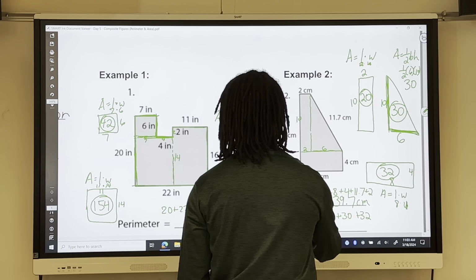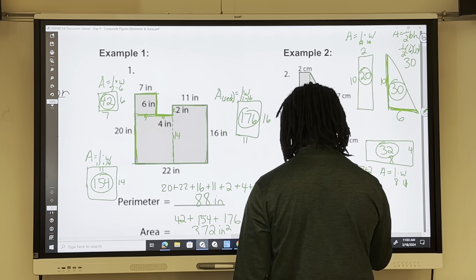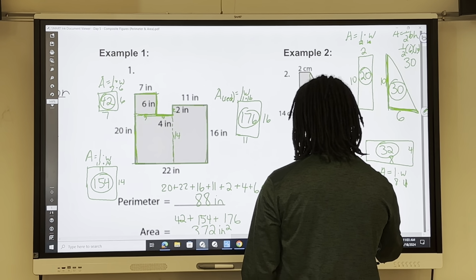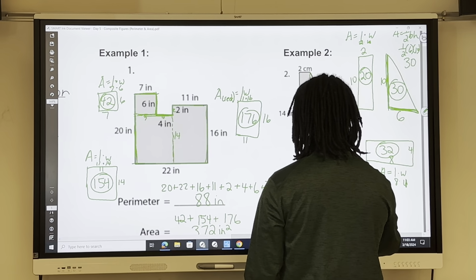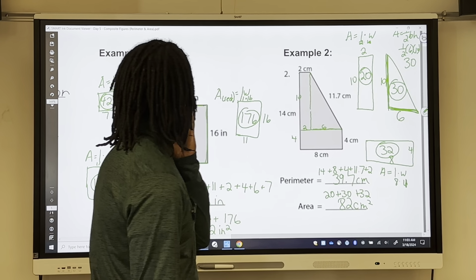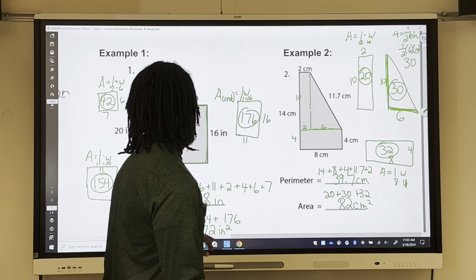When I add up all of those, 20 plus 30 is 50, plus 32 is 82. And area is in centimeters squared.